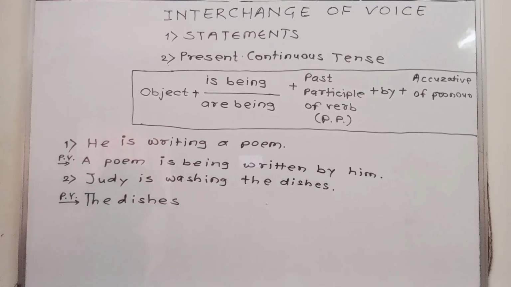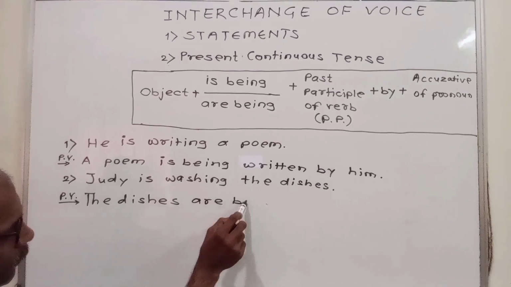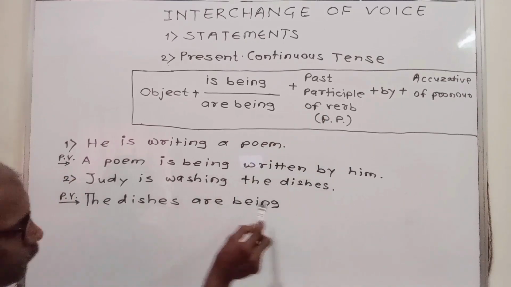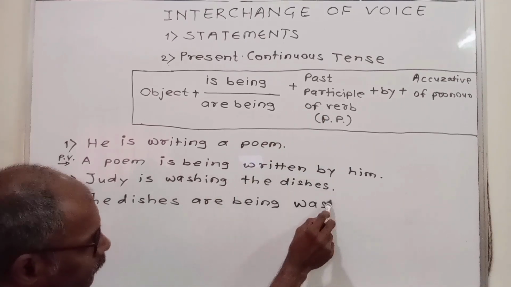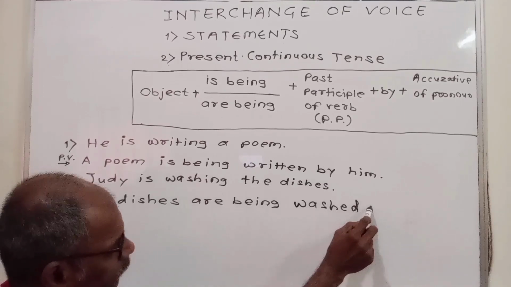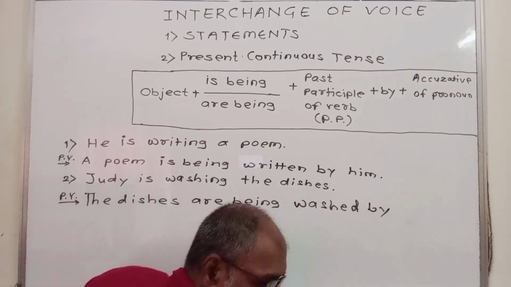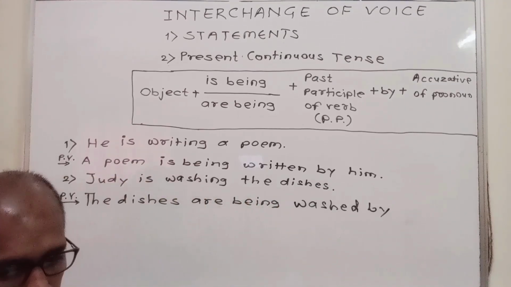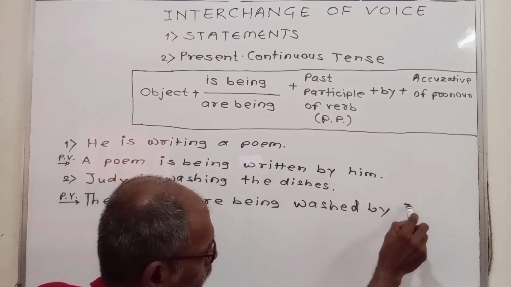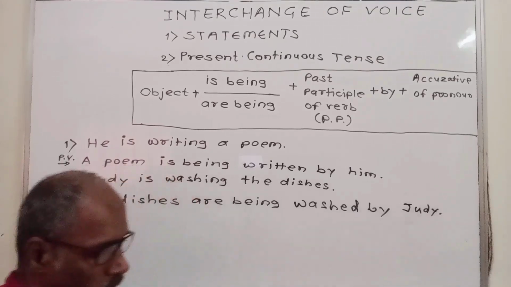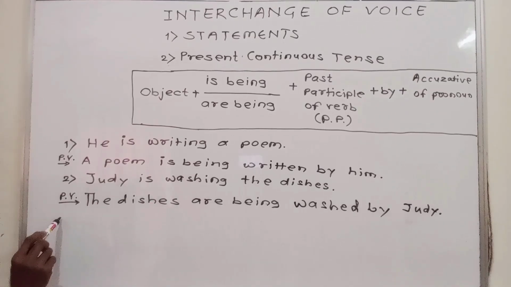Dishes, many, plural, then are being. Then past participle of verb wash, washed, then by, and Judy, because this is a noun, a proper noun. This is not a pronoun, so write as it is. Did you get it? Then next one.